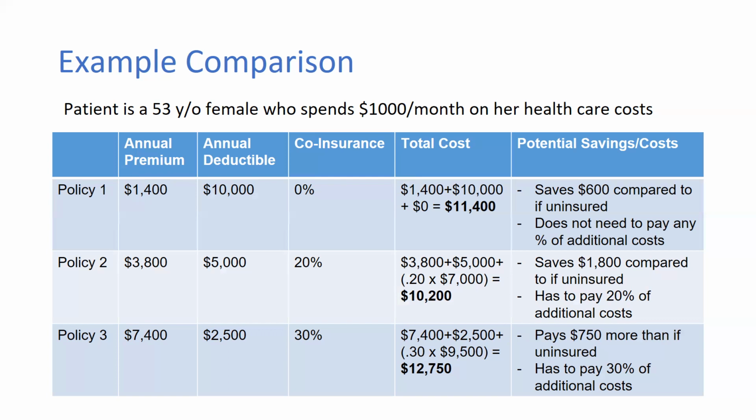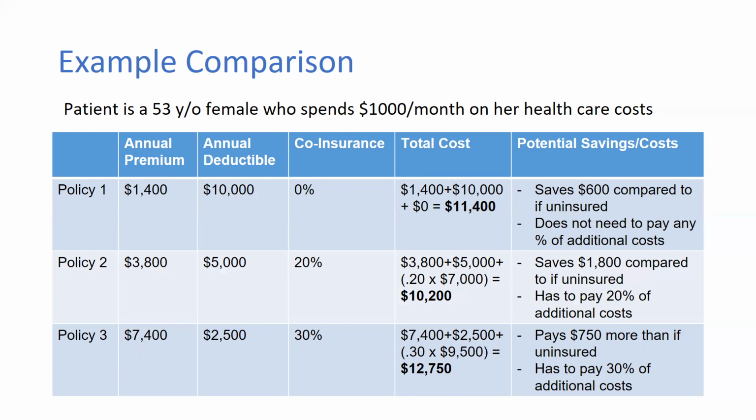And then they have to pay the deductible all by themselves before they start getting help from the insurance company, like we said. So in this case, she is paying $12,000 a year on healthcare costs, meaning that with all these plans, deductibles, $10,000, $5,000, and $2,500, she'd meet the deductible by herself. So with all these plans, she'd pay the full premium and the full deductible.